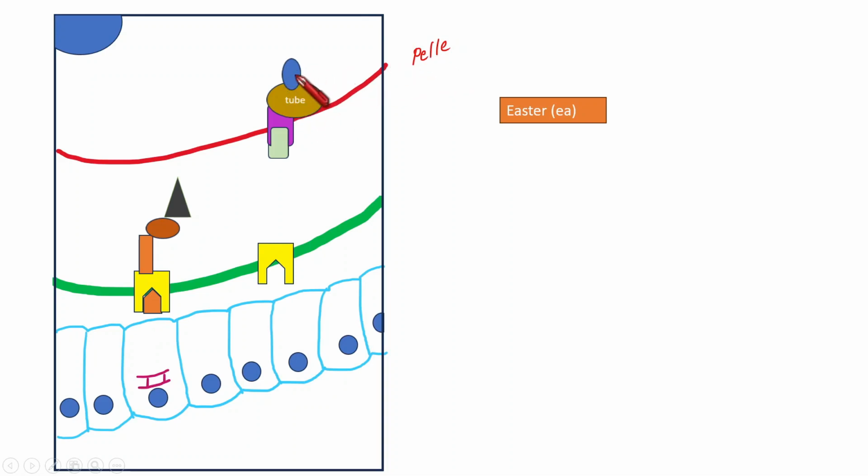And this Pelle protein is a protein kinase. Okay. And after 19 minutes of fertilization, the oocyte will be in syncytial condition. In the syncytial condition, we know that there will be so many nuclei without individual cell membranes.